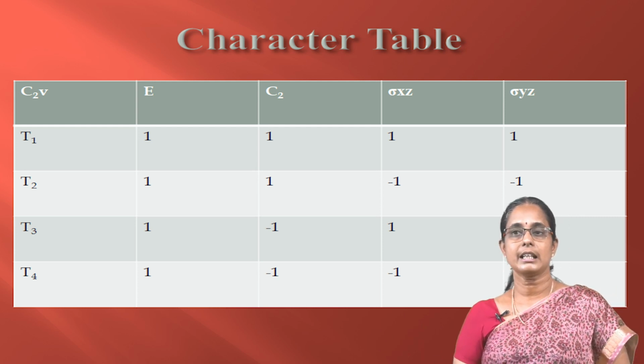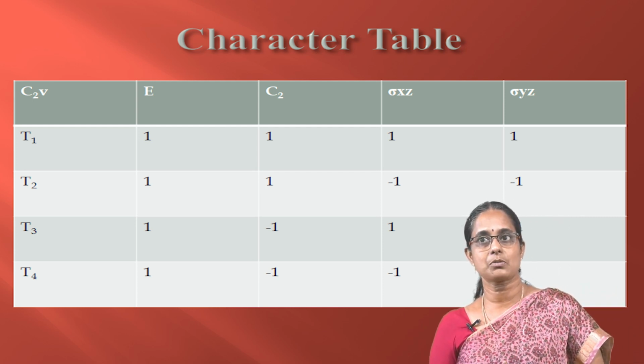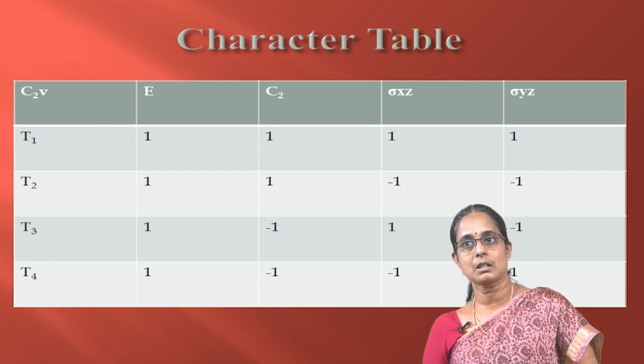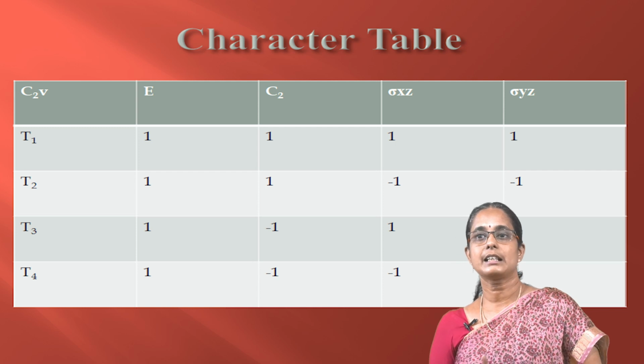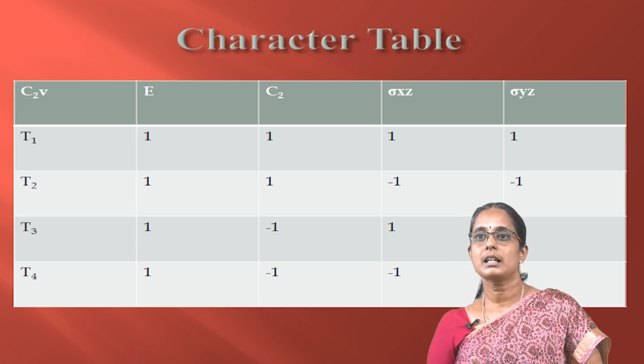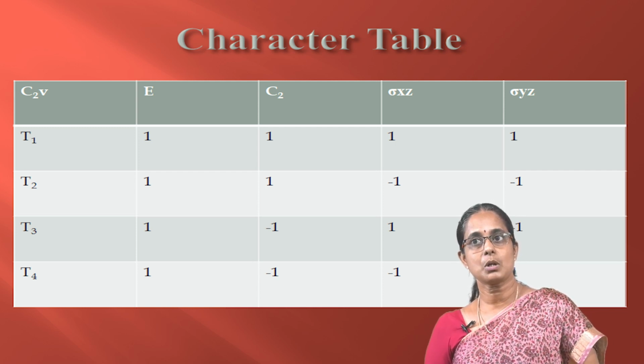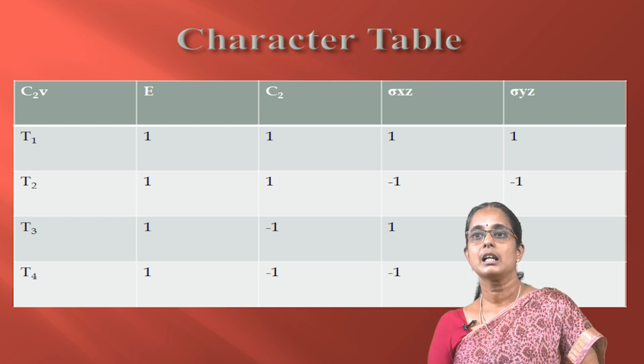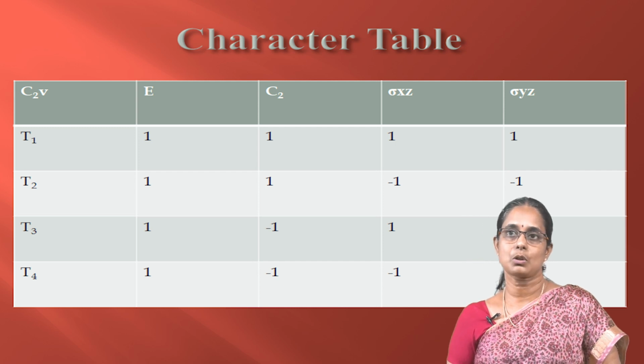In T3, E is 1, C2 is minus 1, sigma xz is equal to 1, sigma yz is equal to minus 1. In T4, E is 1, C2 is minus 1, sigma xz is equal to minus 1 and sigma yz is equal to 1. This is the construction of the C2v table for the water molecule.